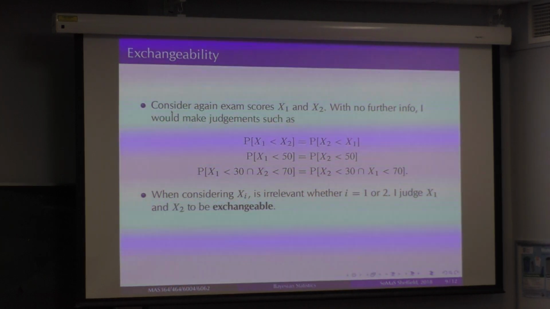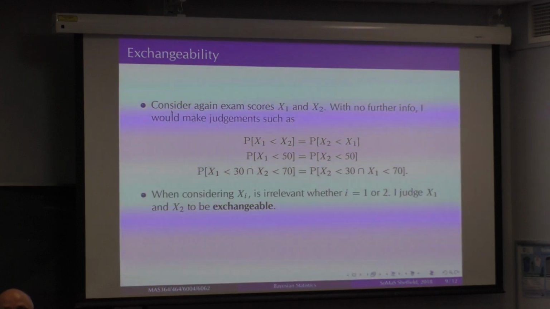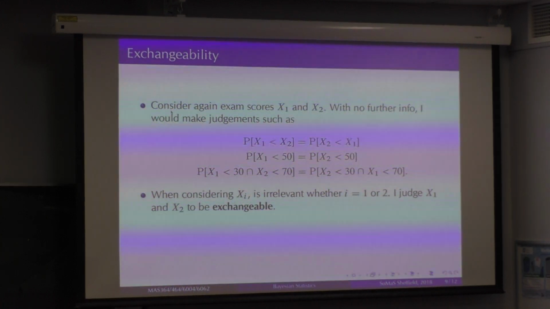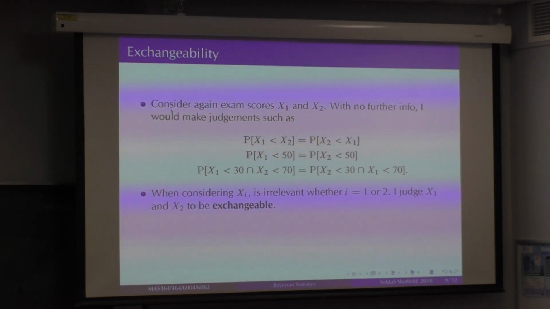So if the joint probability, in this case of x1 and x2, but of any sequence of unknown quantities, is exactly the same if you switch the indices, if you permute them, then those events are exchangeable, right?